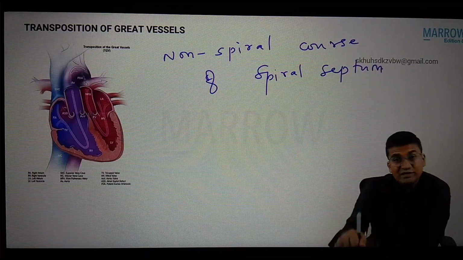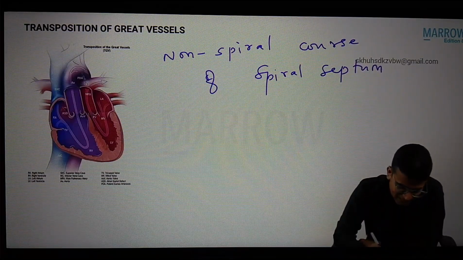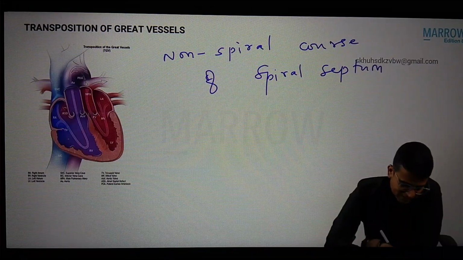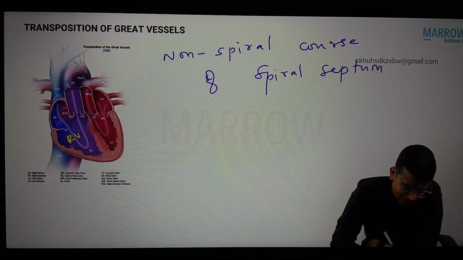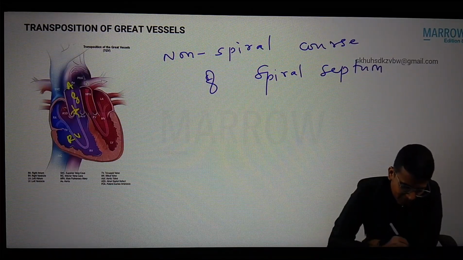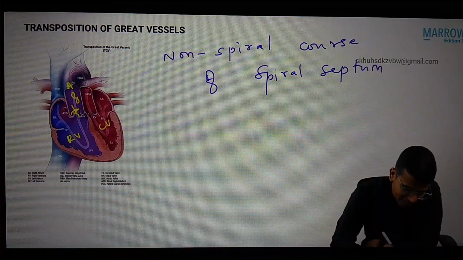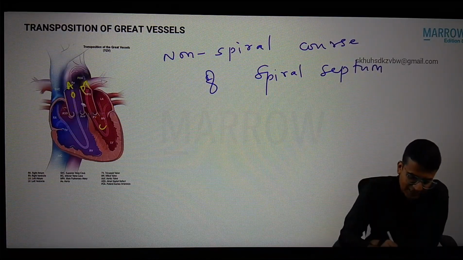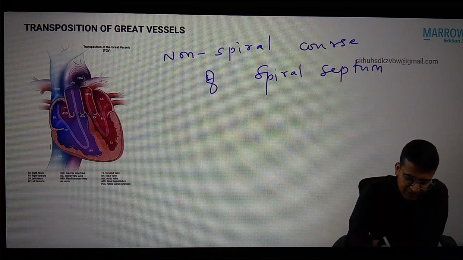Now here the course is non-spiral. See the diagram? Because of this, the blood from the right ventricle is given to the aorta. Blood from the left ventricle is given to the pulmonary trunk. Okay. So this is called transposition of great vessels.